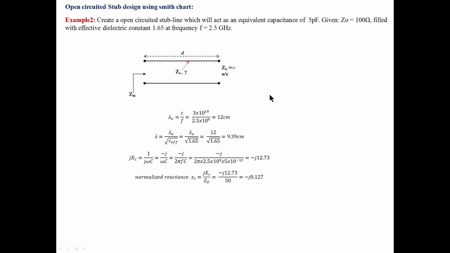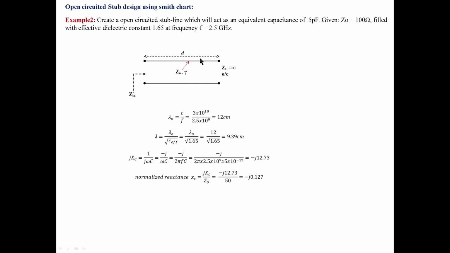I already told that in the earlier class. The advantage of this open stub over the short circuited stub I already discussed in the equation version, as well as stub applications on transmission lines.